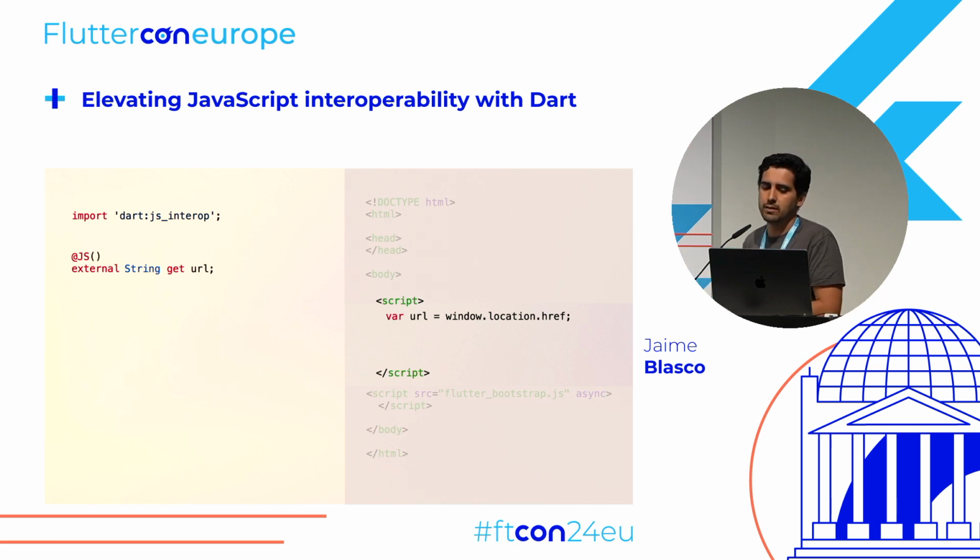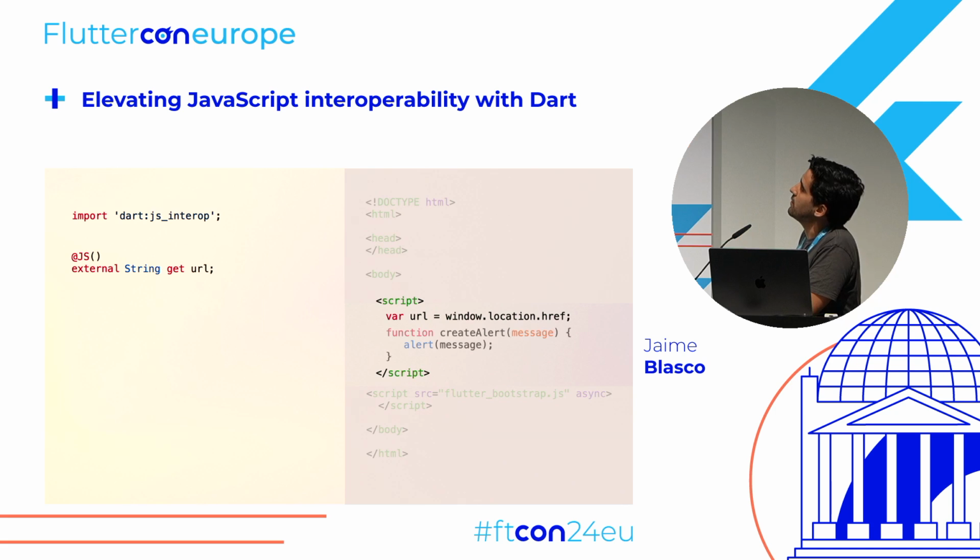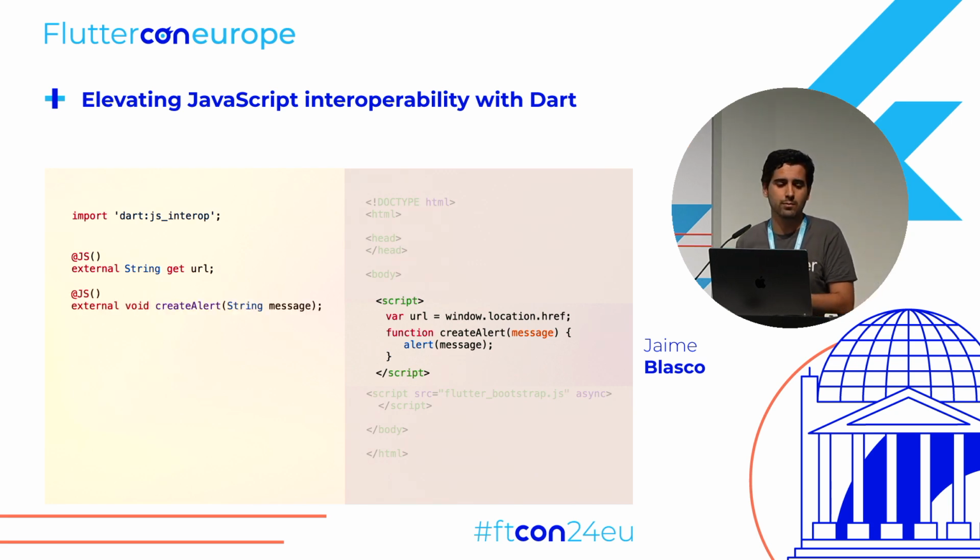Let's continue with this. Now that we have a getter, we could also have a setter, but let's do a method itself. We declare the method in JavaScript, give it a name, and pass a parameter that is a message, and we will display this native alert. We call this native JavaScript method, alert, that displays a native alert from your browser. To call this method from our Dart app side, we'll have to do something very similar.